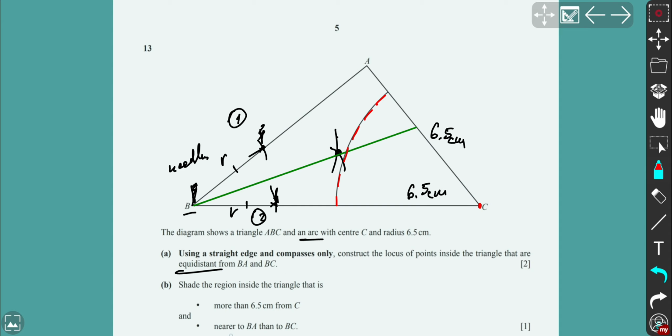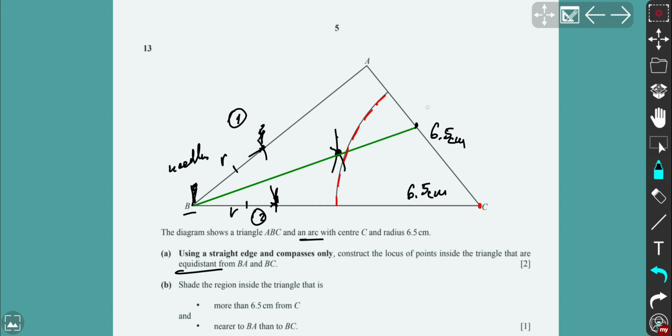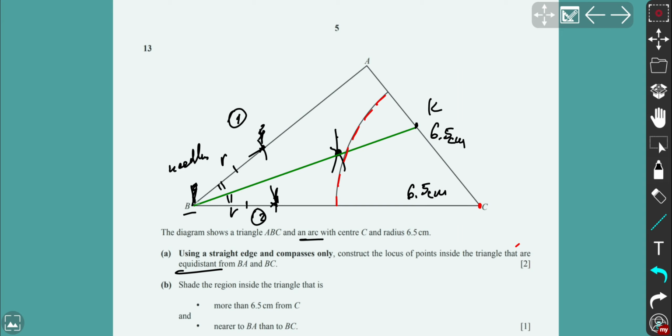So next one is going to be nearer to BA than to BC. We've got B, let's say K, BK, which is a bisector, because those two angles are going to be the same. So what we're going to do, we're going to use the top half of that region. So that means if I construct the lines, dashed lines, I would use that boundary, up to here.